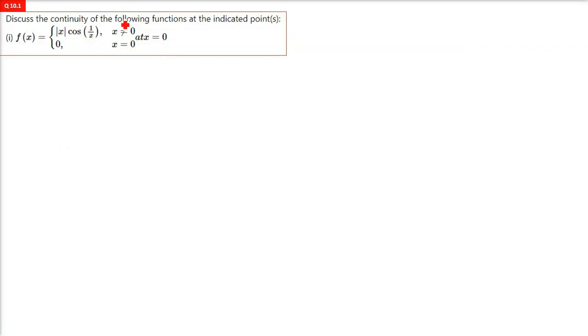Discuss the continuity of the following functions at the indicated points. Now for 10.1 and all the questions which follow, we will try to find out the limit. Whenever it is required, we will do the left hand limit and right hand limit. Otherwise, if the question is such that we don't require LHL and RHL, we just find the limit and equate it to the actual value of the function.